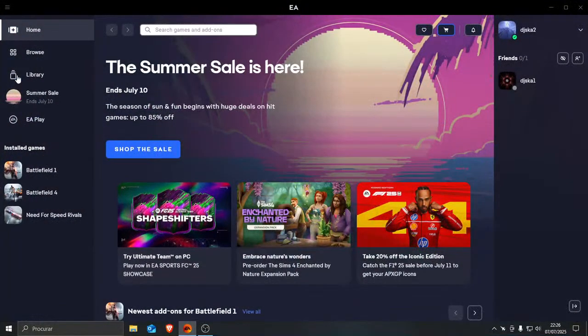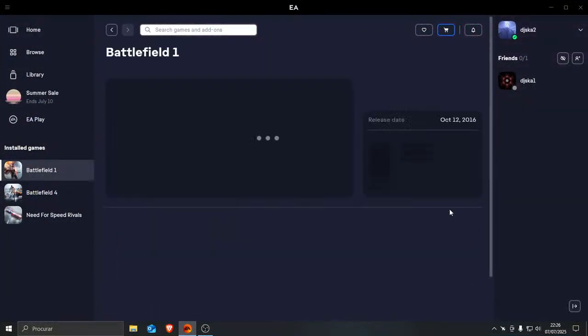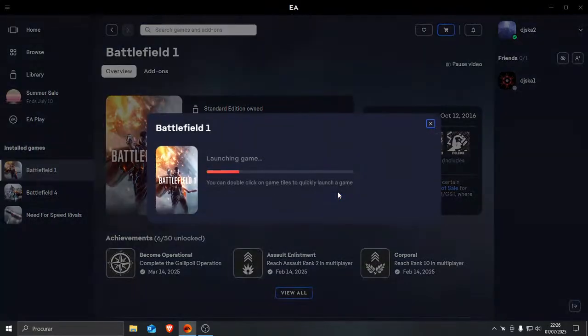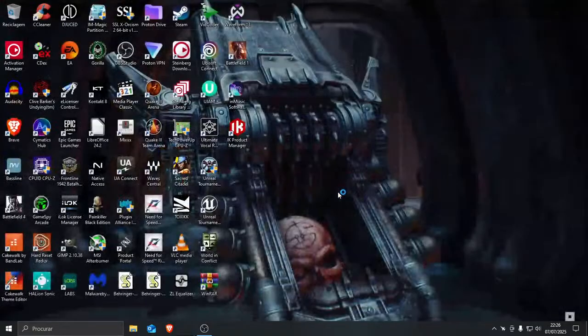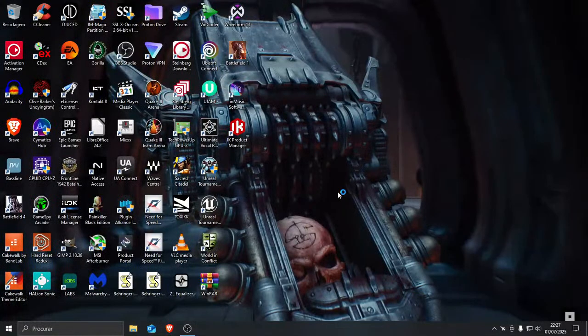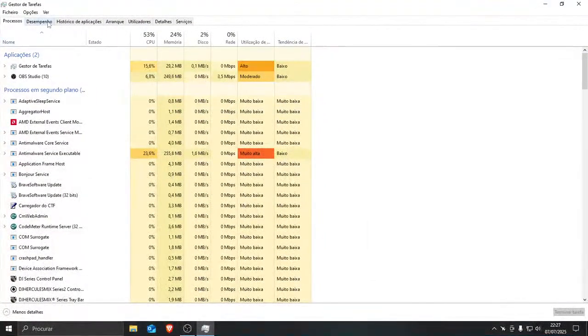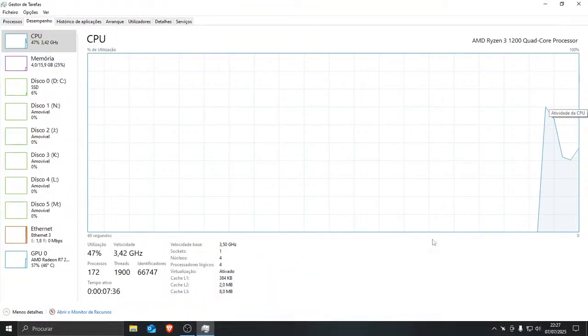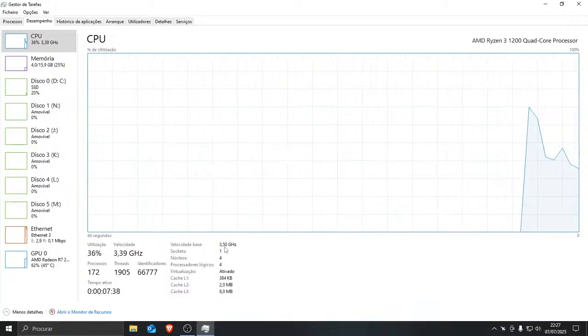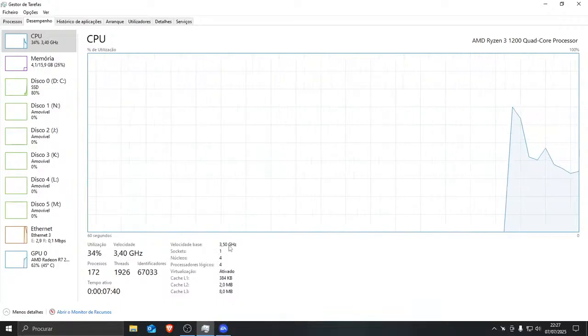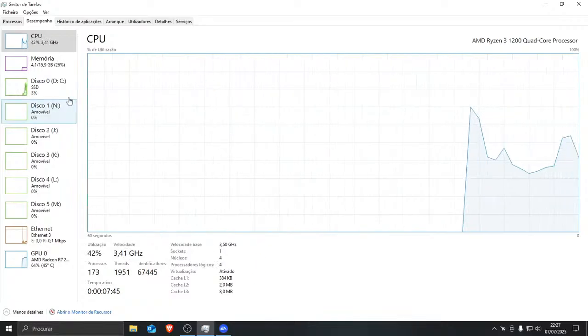Okay, let's go back here to Battlefield 1. That is just loading up. So we're still again in the performance metrics of Windows. The CPU runs on a base clock of 3.5 now, as you can see, not 3.1. So it's 400 over, overclocked. That's what we are running at this moment.